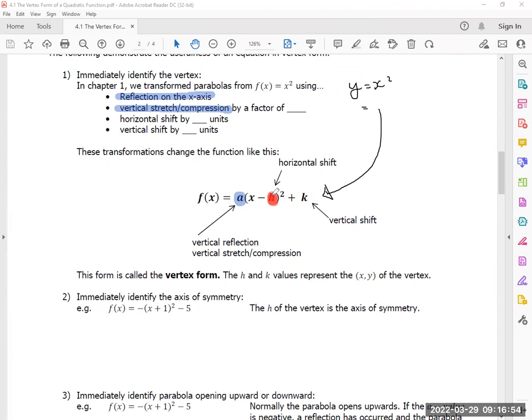The h value, the horizontal shift, by whatever number that is, and I'll use green, k is a vertical shift, and it represents that. That was chapter 1. We did a big chunk on transformations for chapter 1. If we understand this, I'd like you to think about this portion right here, these 2 points.